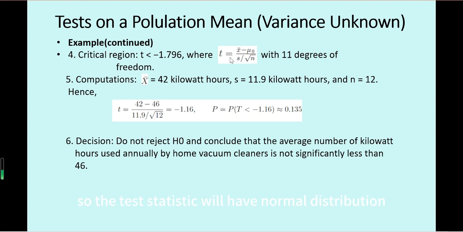So the test statistic will have normal distribution, right? But in a t-test, in a small sample from a normal population, we do not know the population variance, so we use the sample information, sample standard deviation here. Also under the small sample size. So these two conditions will lead us to use a t-distribution.